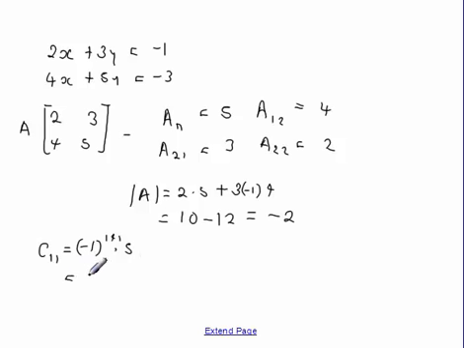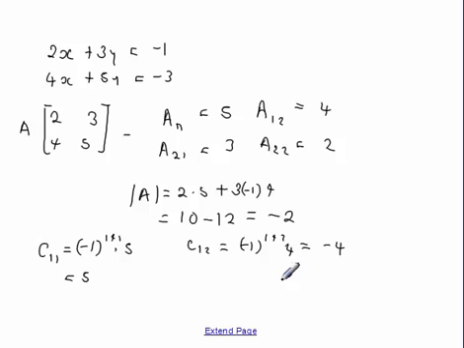I'm going to get 5. Then I say C12 and do this, minus 1 to the power 1 plus 2 times 4. I'm going to get minus 4.